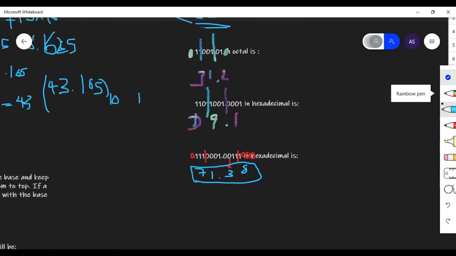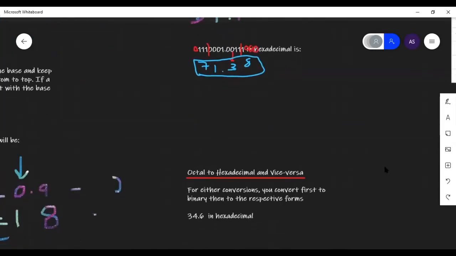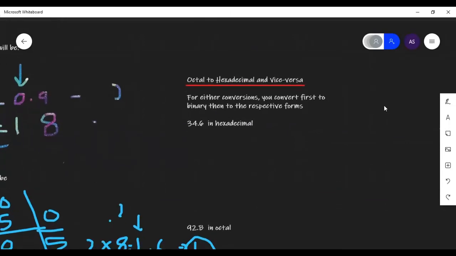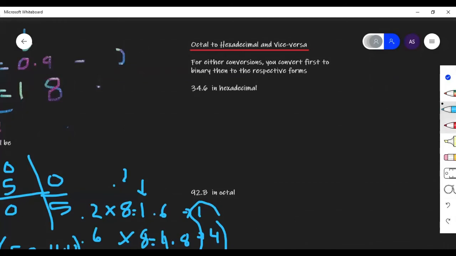So last one is octal to hexadecimal and vice versa. So this is a 2-step process. So first we're going to convert 34.6. So 34.6 is in octal, and we're going to convert that to hexadecimal, right? So what we're going to do is break up the octal into binary, same way we did before.